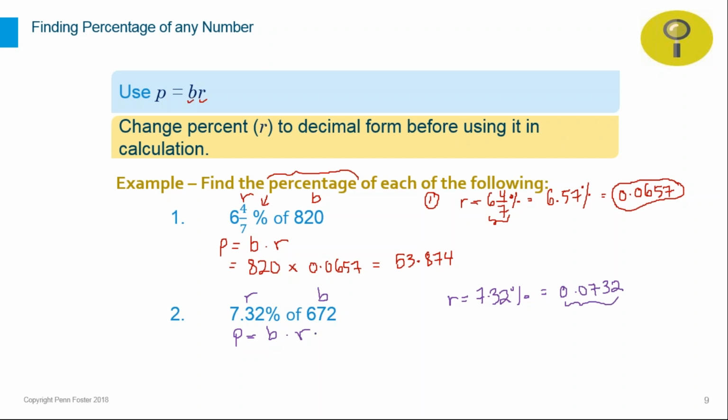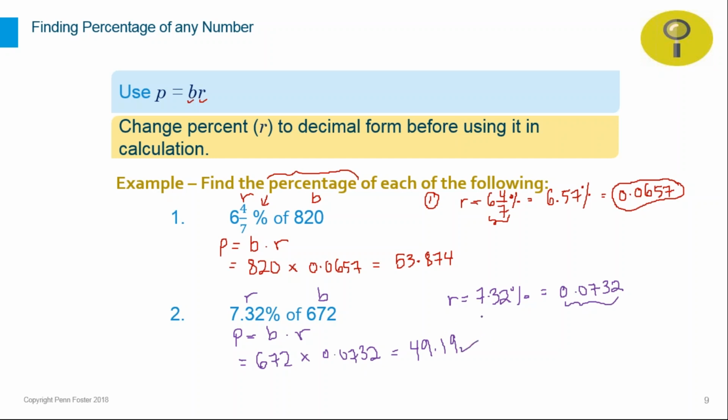Use this number in the formula: percentage equals the base 672 times the rate in decimal. Multiply using your calculator, and that will give you 49.19 as your answer. So that would be the percentage.